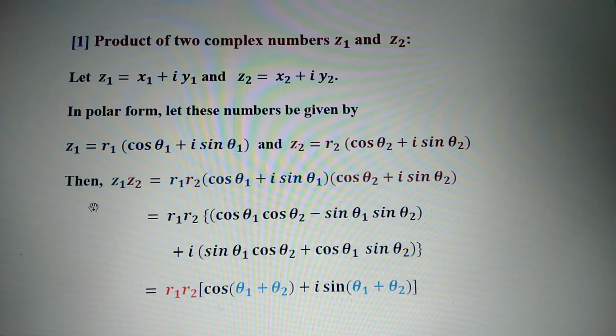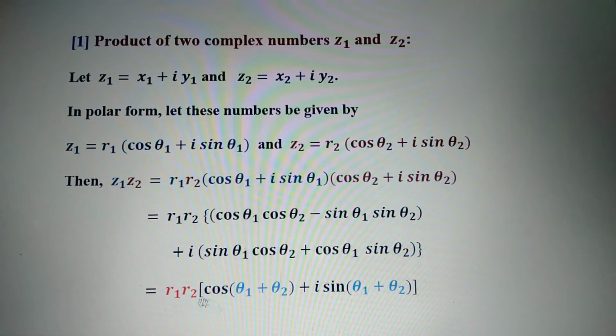Okay. Now what is this r1? This r1 is the modulus of z1, r2 is the modulus of z2, theta 1 is the amplitude of z1 and theta 2 is the amplitude of z2.